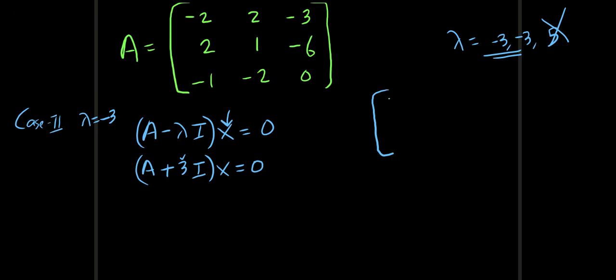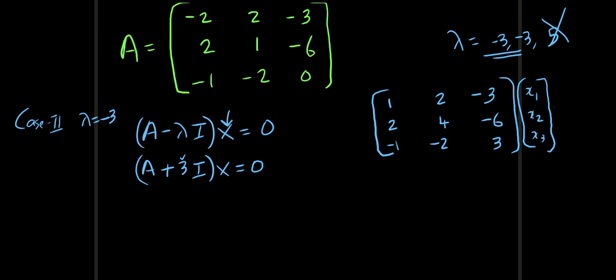So minus 2 plus 3, 2, minus 3, and 2, 1 plus 3, that is a 4, minus 6, and minus 1, minus 2, and 0 plus 3, that is 3, and then x1, x2, x3, that is our required vector, and that will be equal to 0, 0, 0. I hope you got the point. We are adding plus 3: minus 2 plus 3, 1 plus 3, and 0 plus 3.